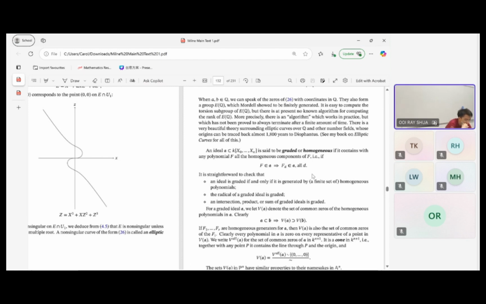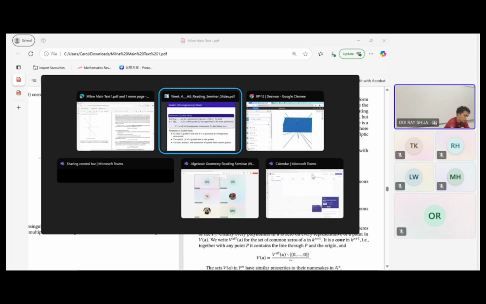Certainly in the ideal generated by them you have F1 to Fn, and also the other way around: by homogeneity, those components are also in the ideal generated by F1 to Fn. I'll probably append the details later. You can also reduce it, like with the Hilbert basis.